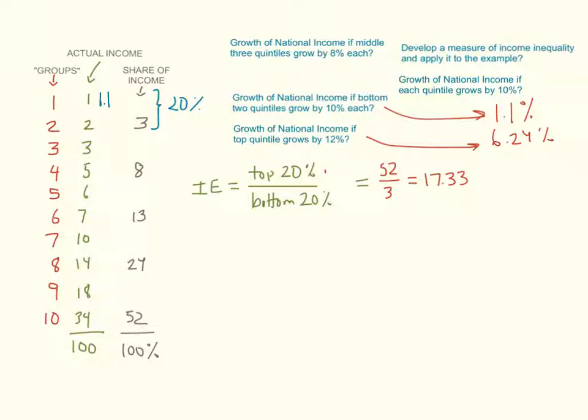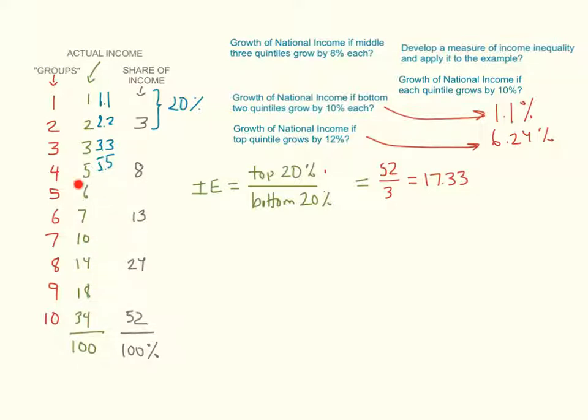Individual 2 goes from an income of 2 to an income of 2.2, then 3.3, 5.5. So these are the increases in income that we would see if we focus on the bottom 40%.